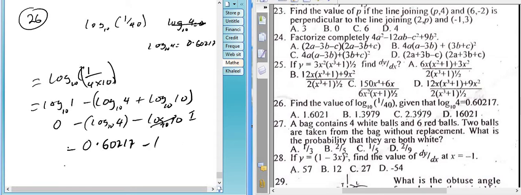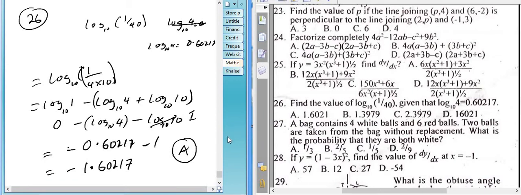The answer is −1.60217, which is likely option A. If you neglect the minus the answer would be 1.60217, but there is no negative in the options, so the correct option is A.